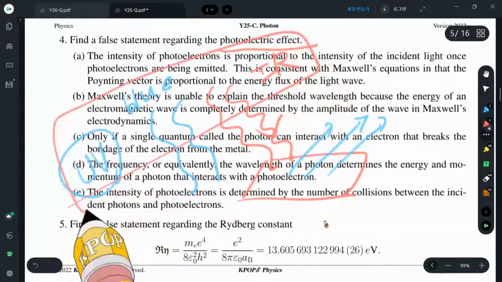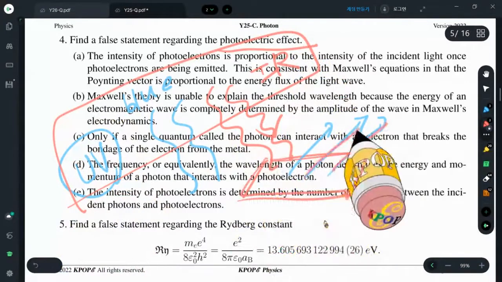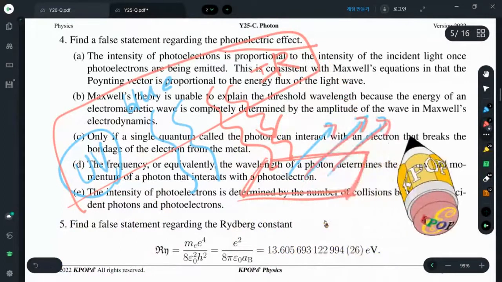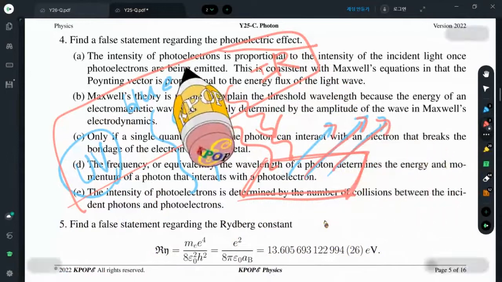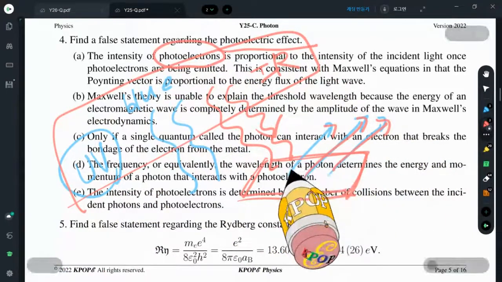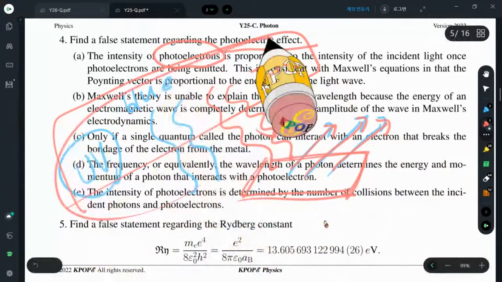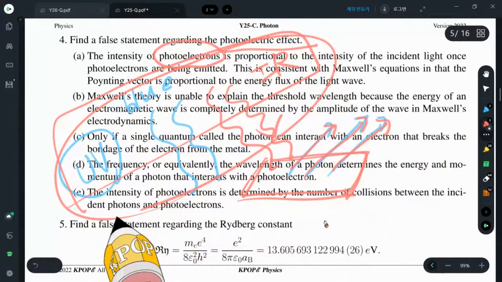By changing the wavelengths, they watched the emitted electrons. These electrons are called photoelectrons, emitted due to the electromagnetic waves.